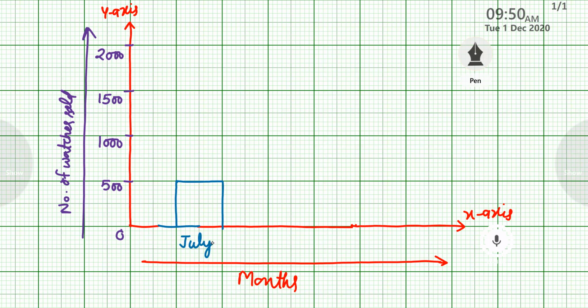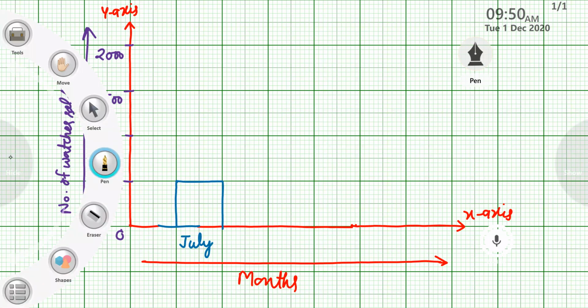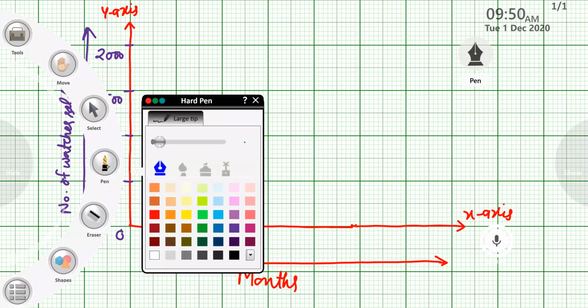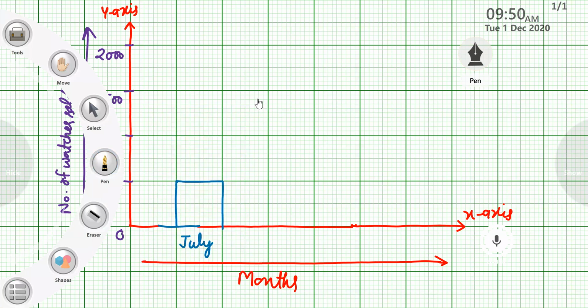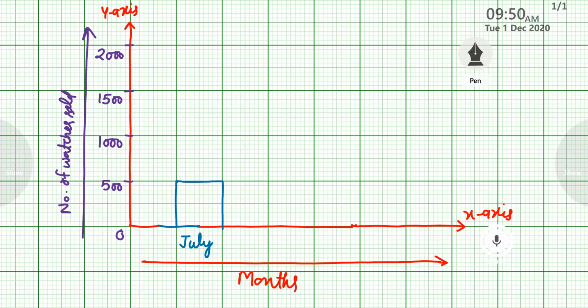Next, in August month, he is selling 1,000 watches. This is 500.